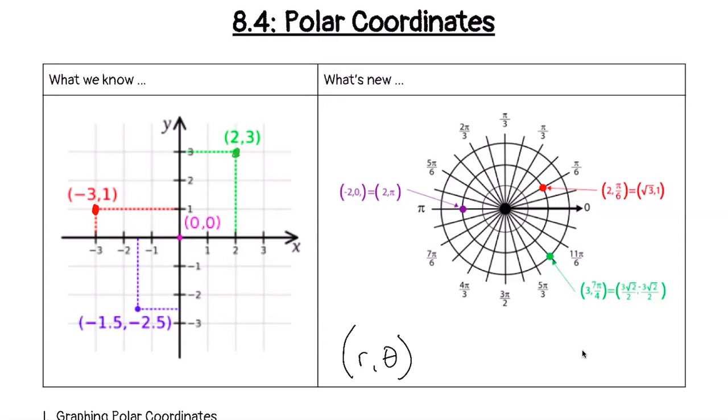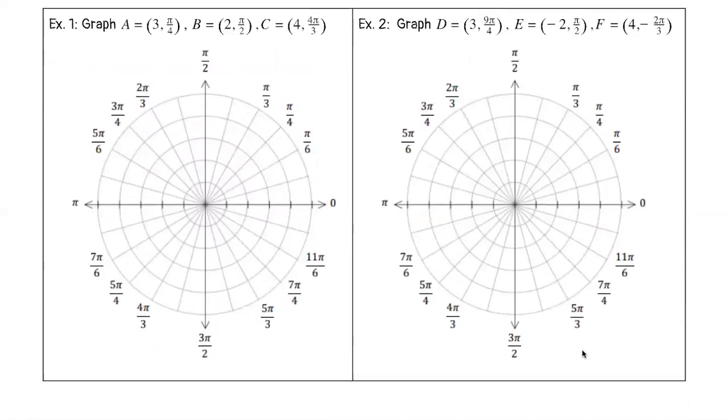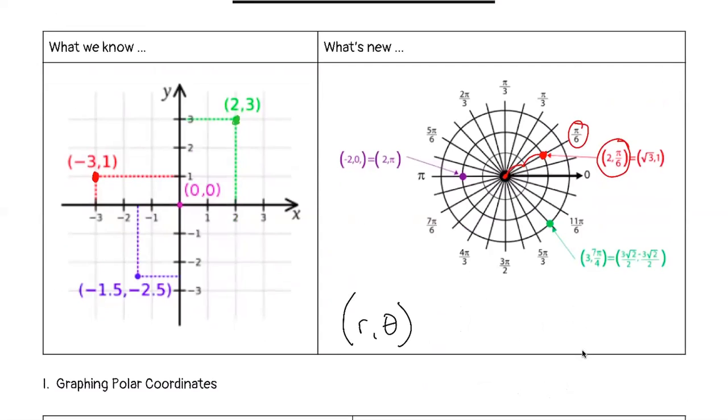So for example, for this coordinate right here, I go to pi over 6, which is right here, and then from the center, I count out 1, 2 circles, and so that's where my point is, okay? I could do the same thing with those other points there. Those are just example points to show you that the r comes first and the theta comes second, but usually we find the angle first and then we count out that distance, okay?